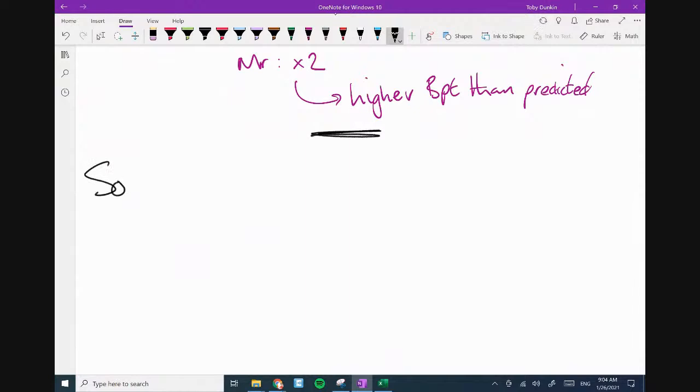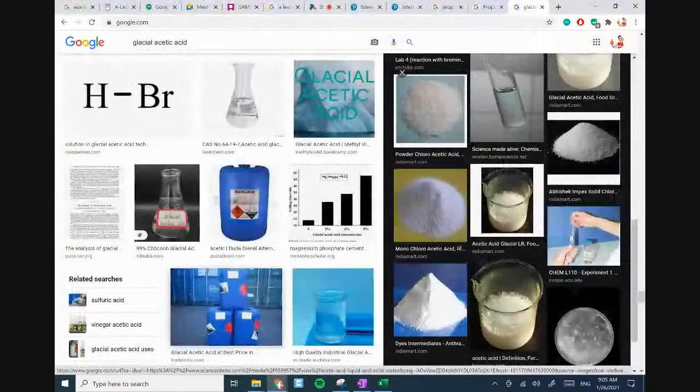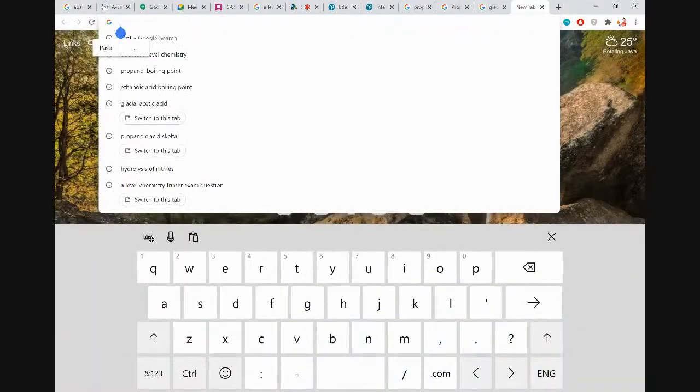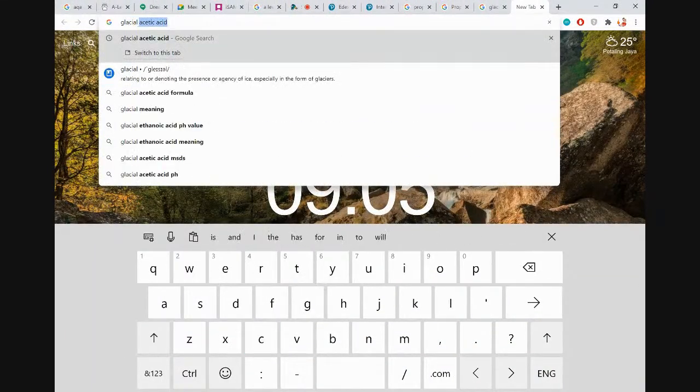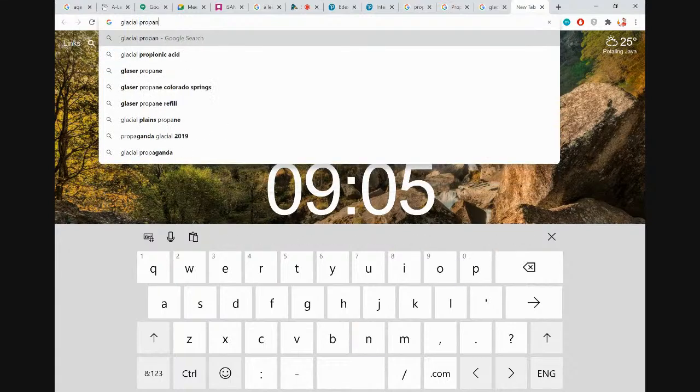So for glacial, is it only for this acid or can you use it for any acid? Good question. No, it's just for ethanoic. I don't think glacial propanoic acid is a thing.